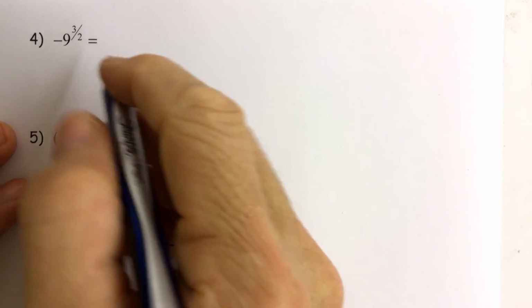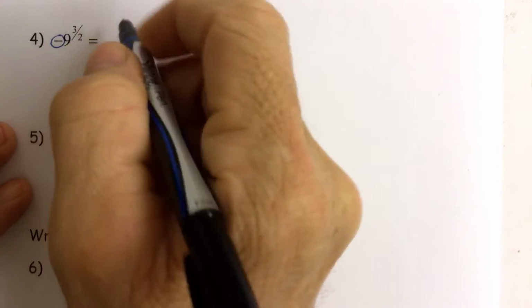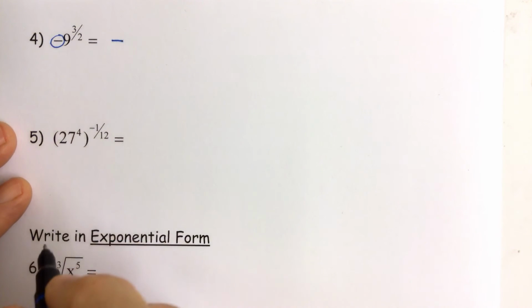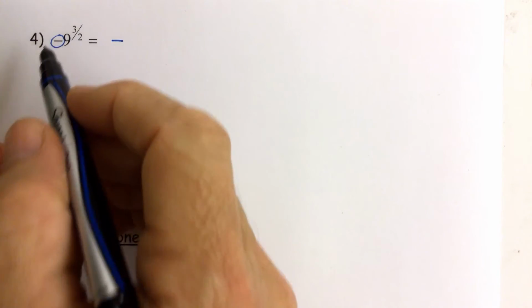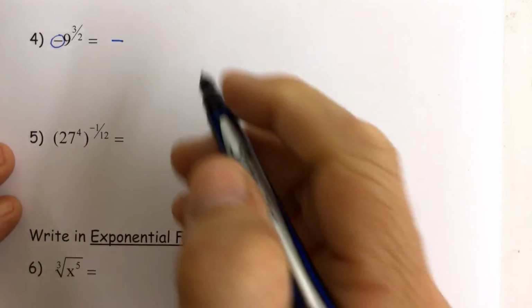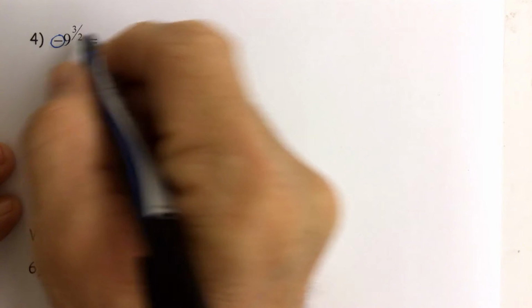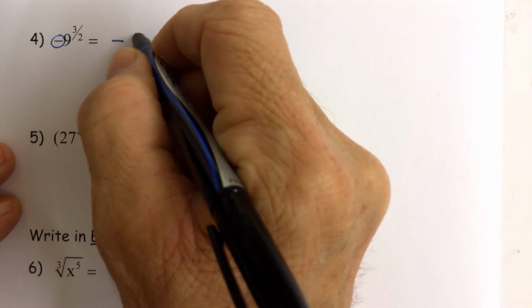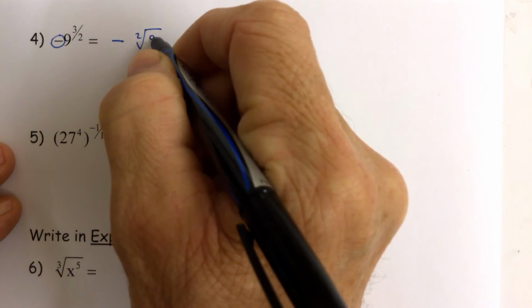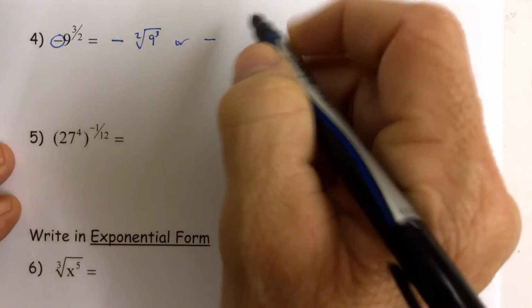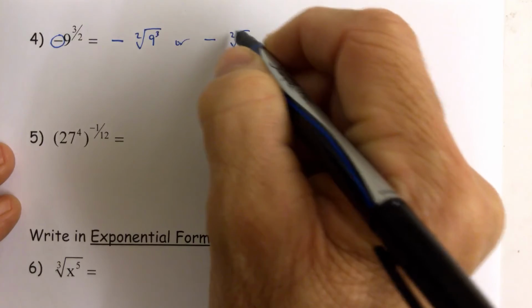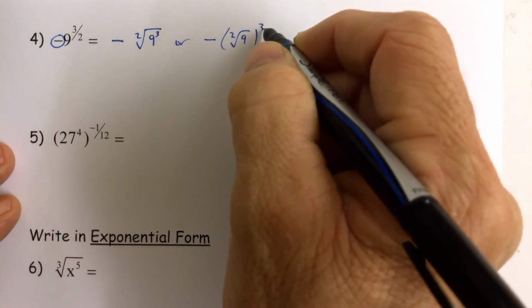So for example number 4, we do have a negative number. Let's not lose sight of the fact that we have a negative number, unlike a negative exponent. Having a negative out front is not the same as having a negative in the exponent. So we're going to take the 9 and make this, again, either the square root of 9 cubed, or the opposite of the square root of 9 first, and then cube that.